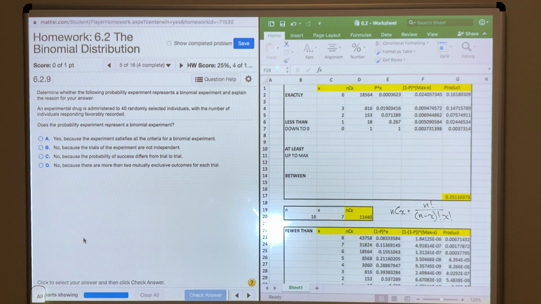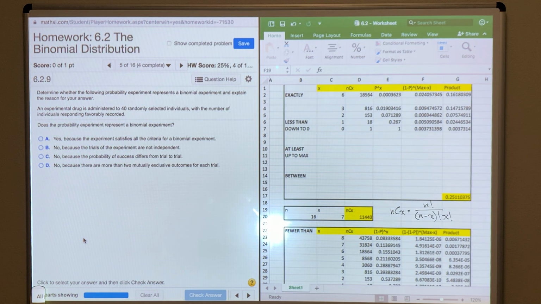An experimental drug is administered to 40 randomly selected individuals with the number of individuals responding favorably recorded. So an experimental drug is administered to 40 randomly selected individuals. That's looking great right now. That means none of these people are tied together. They're independent of each other. That's a great start.